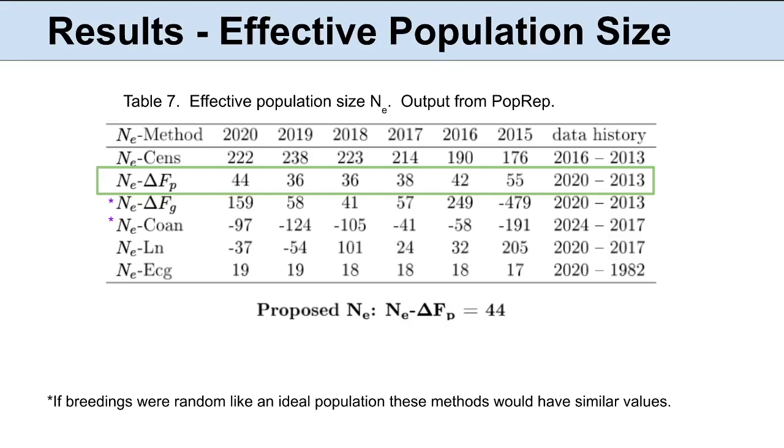And another important data quality control check is that if you compare the two methods that I asterisked with a little purple star, delta FG and co-ancestry, if breedings were completely random and mimicking an ideal population, delta FG and co-ancestry would have had similar values, but they don't.